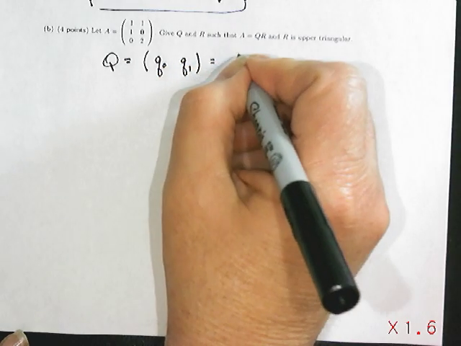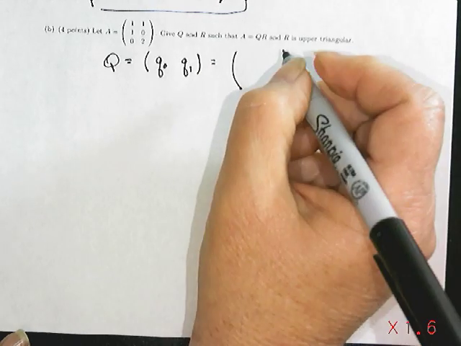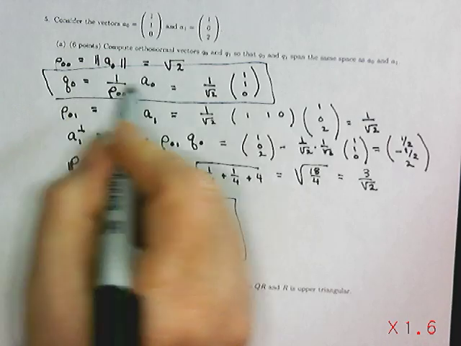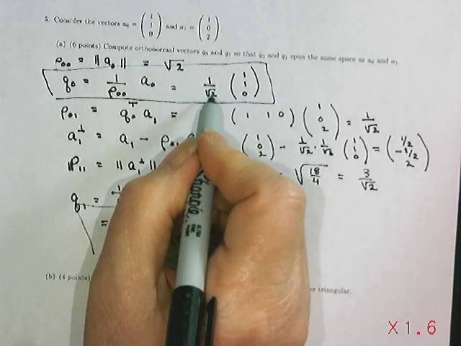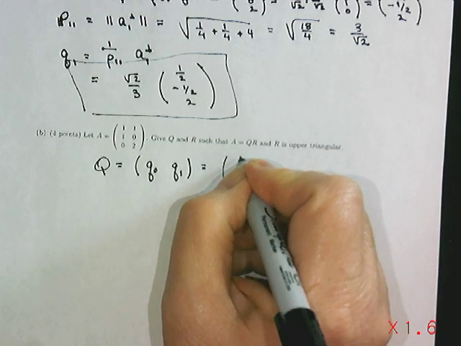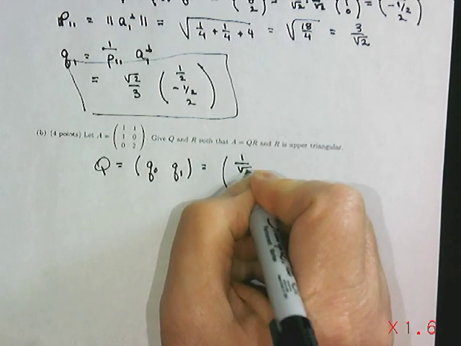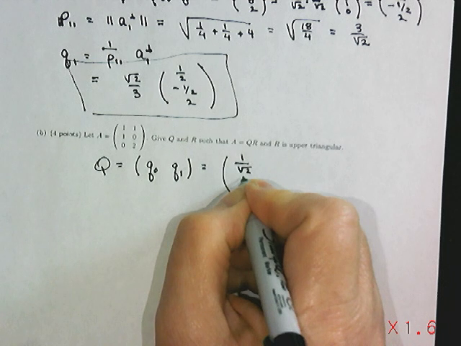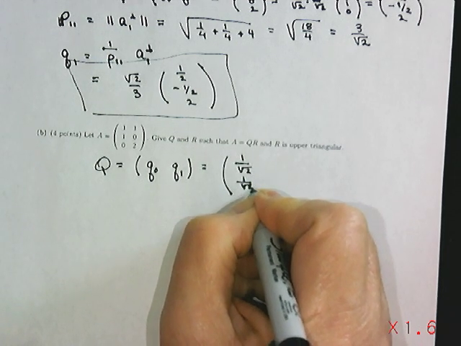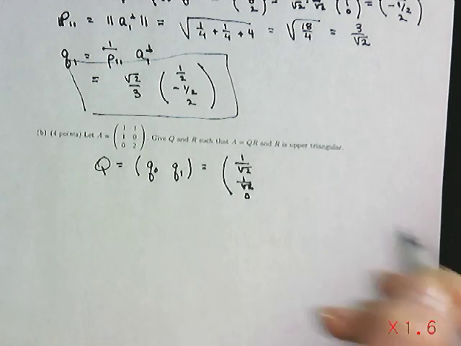Q sub 0 was 1 over the square root of 2 times this vector, so it's the matrix with first column 1 over the square root of 2, second entry 1 over the square root of 2, and the last entry 0.